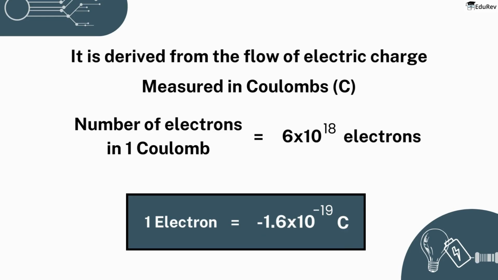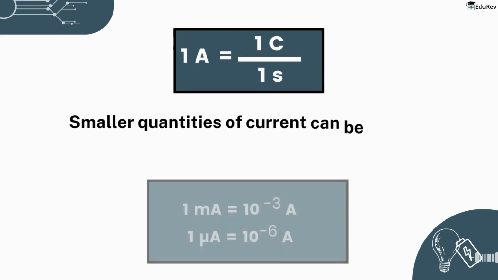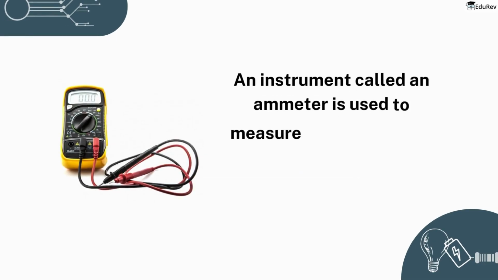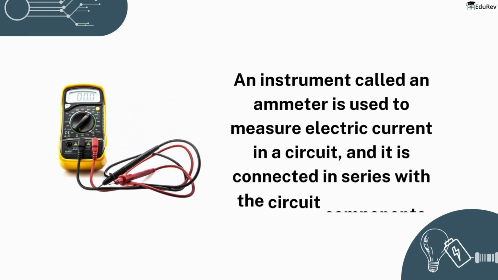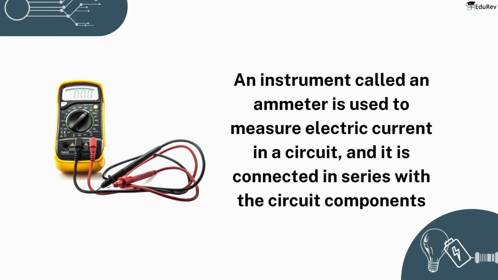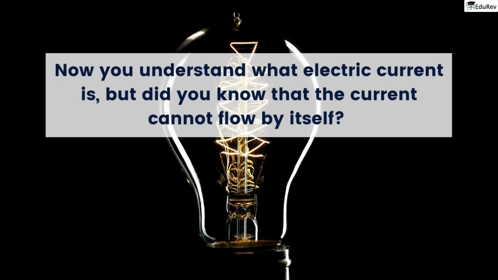Now, 1 ampere is defined as the flow of 1 coulomb of charge per second. And smaller quantities of current can be expressed in milliamperes or microamperes. An instrument called an ammeter is used to measure electric current in a circuit, and it is connected in series with the circuit components.